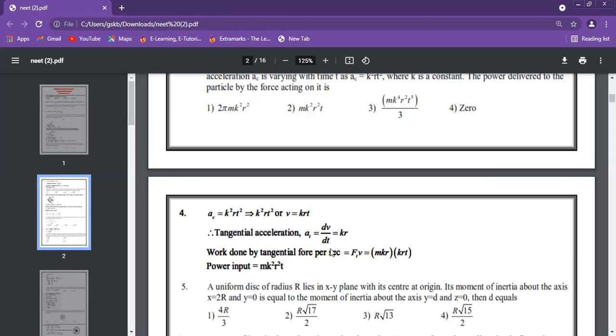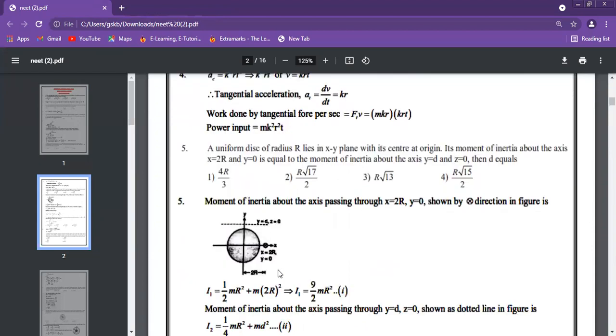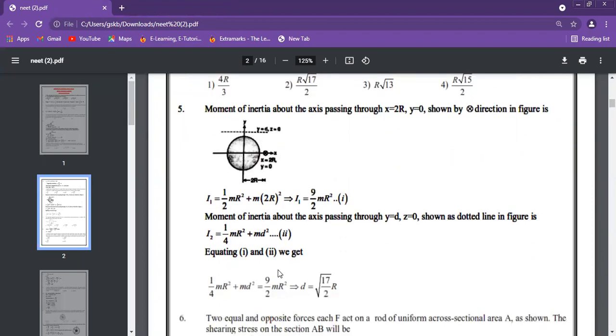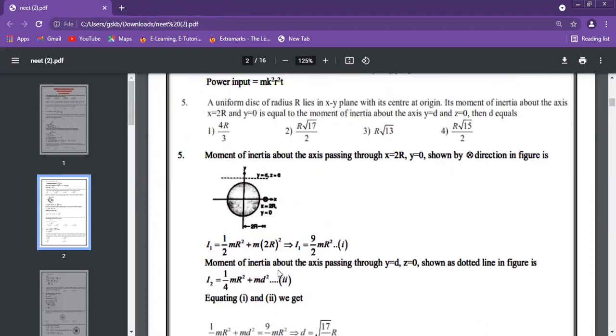Finally, they ask the work done by the tangential force: force into velocity, so power is asked here. This is a problem based on the system of particles. The fifth one, this is the solution. 17R/2 is the answer.